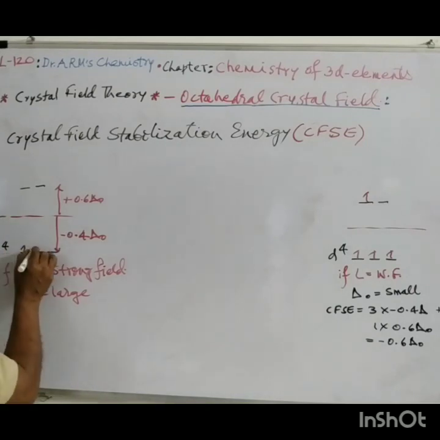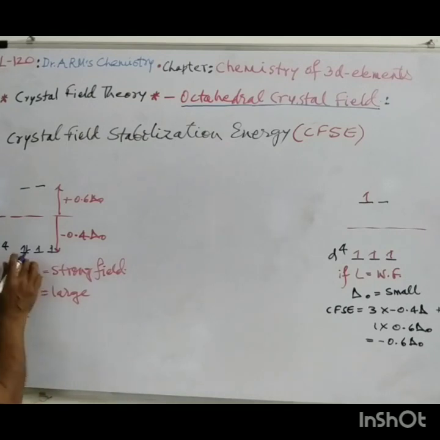First the 3 electrons will enter into the t2g. Similarly, the 4th electron will also go into the t2g.